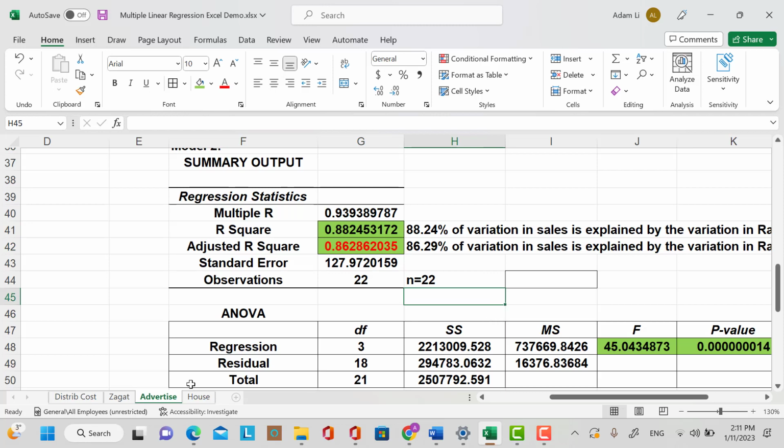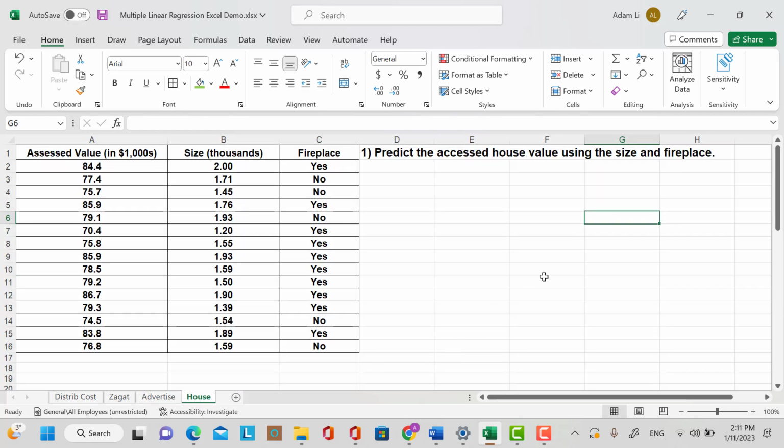Also I'm going to go over the house example. Here we predict the assessed house value using the size and the fireplace. The size is numerical, quantitative data, which is good.